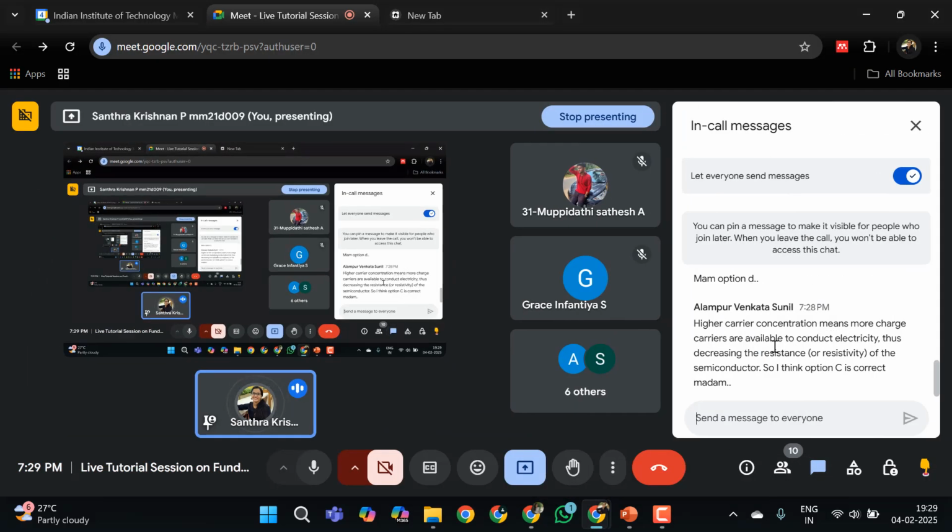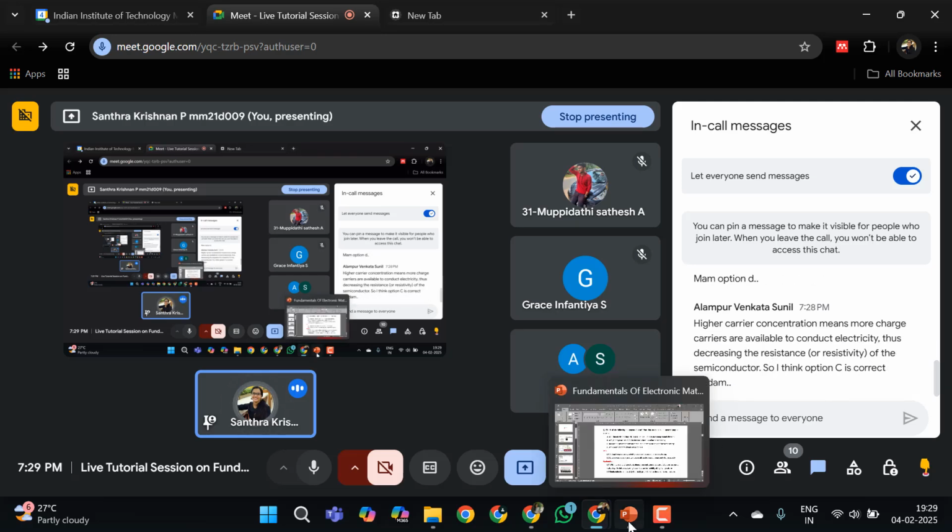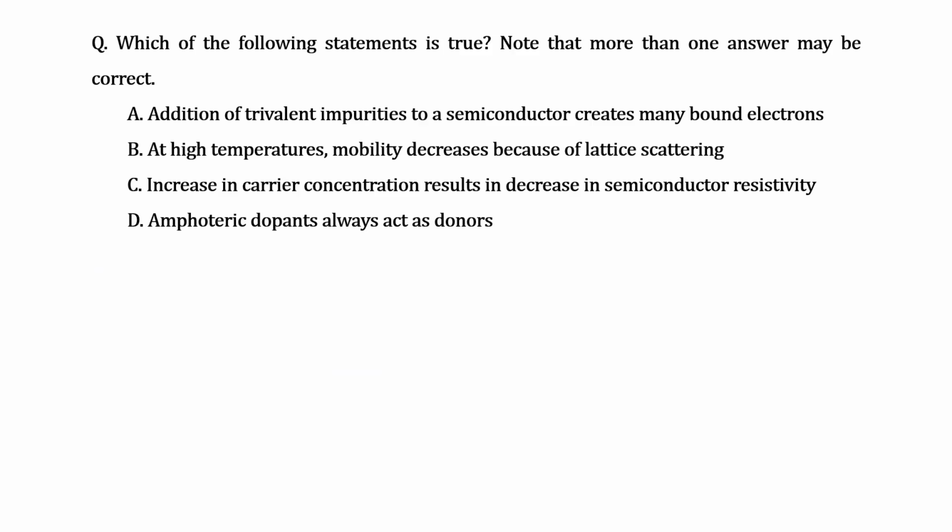Higher carrier concentration means more charge carriers available to conduct electricity, thus decreasing the resistance or resistivity. So I think option C is correct. One person has mentioned that option C is correct. Okay, others, please come up with your answers. One person has said that increase in carrier concentration results in decrease in semiconductor resistivity.